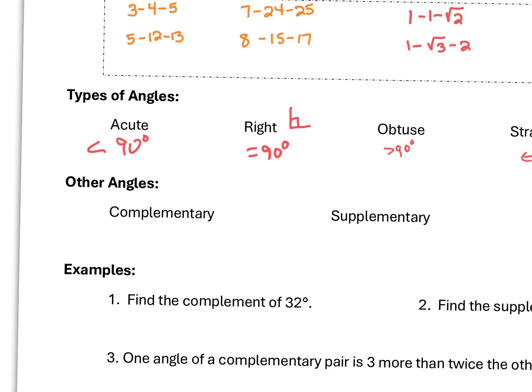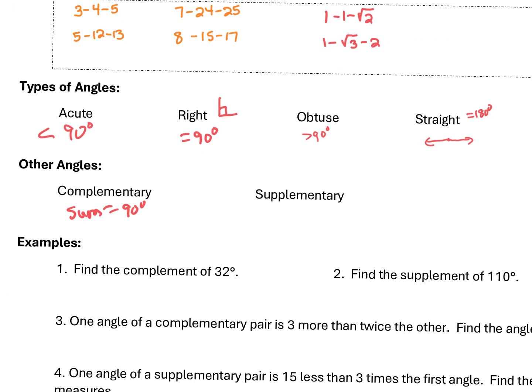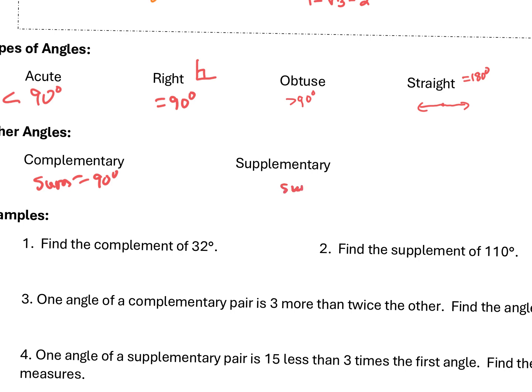Okay, complementary angles, they add to how many degrees? Oops, careful, complementary, C comes before S. So 90, and 90 comes before 180. Complementary angles, the sum is equal to 90 degrees, and for supplementary angles, the sum is 180 degrees.